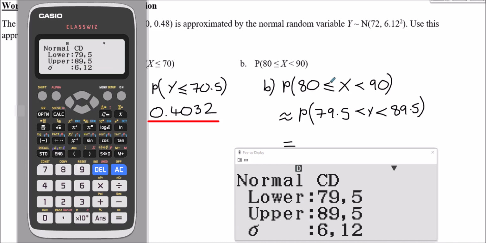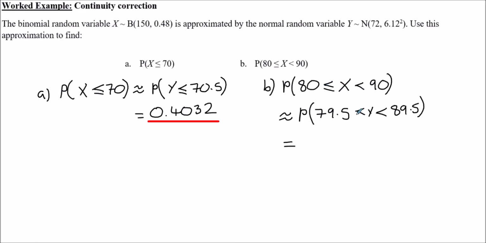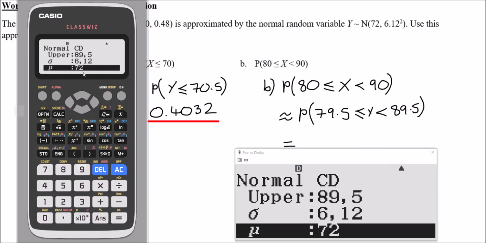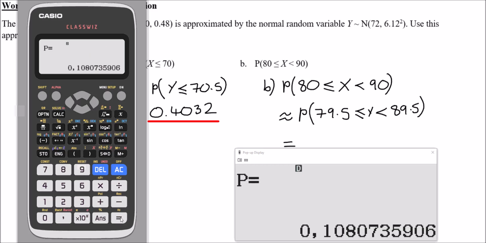Now because it's continuous, this symbol here is the same as that, so it doesn't really matter. These are interchangeable on a continuous. So 79.5 up to 89.5. Here the parameters for the standard deviation and mean are unchanged, so press equals to see. We get an approximation of the probability of 0.1081.